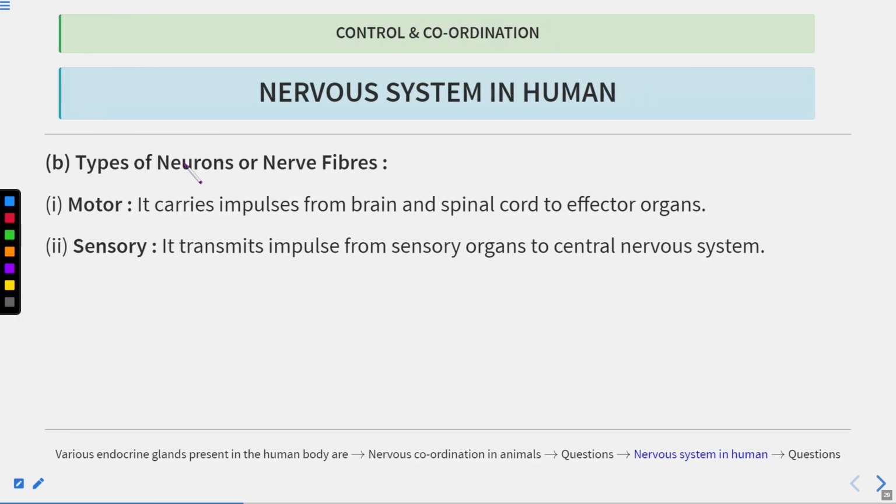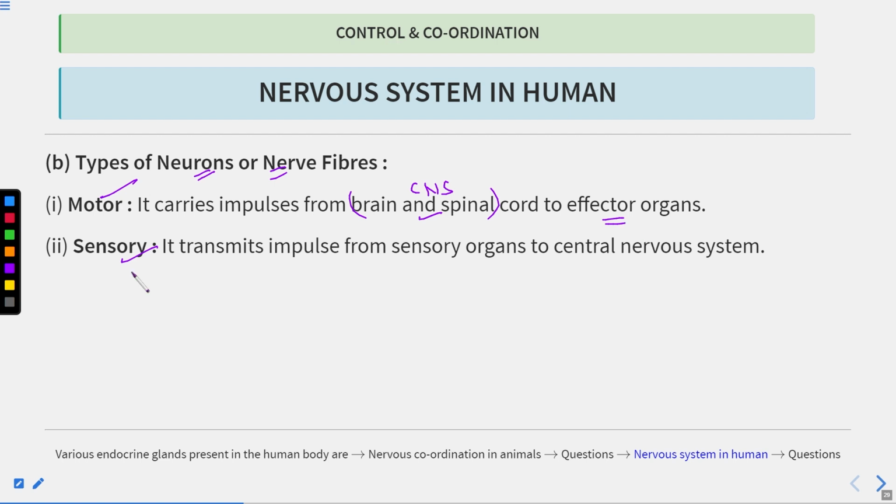Now let's talk about the types of neurons or the nerve fibers. There are two types of neurons, motor neurons as well as sensory neurons. So what is a motor neuron? I've already discussed the motor neuron in the previous lecture as well. These motor neurons carry the impulses from the brain and the spinal cord, which are part of the central nervous system, to the effector organs. Alright, these are known as the motor neurons.